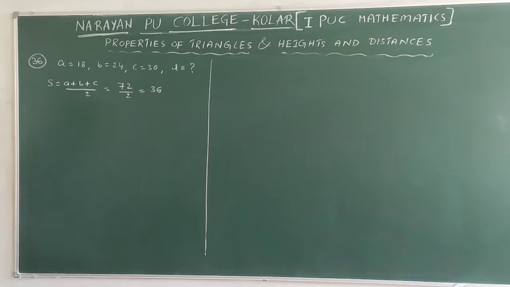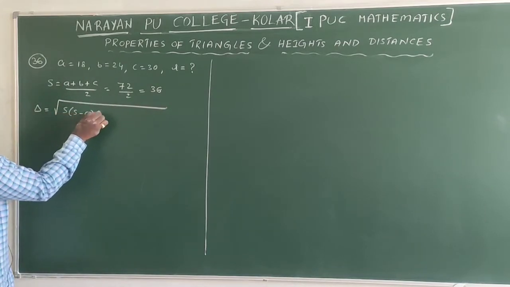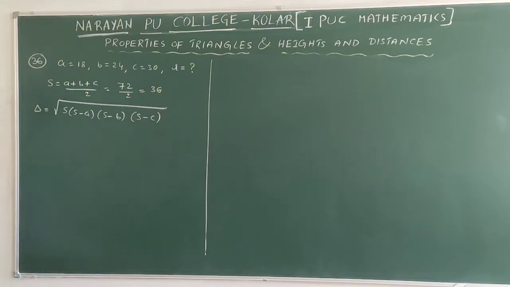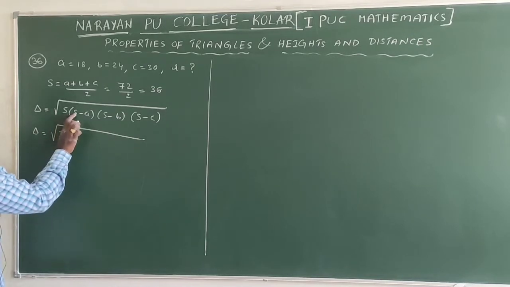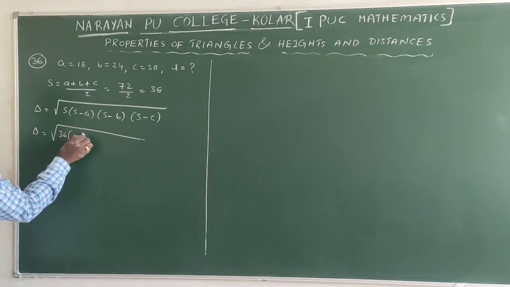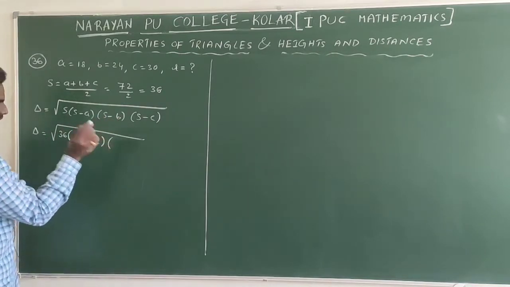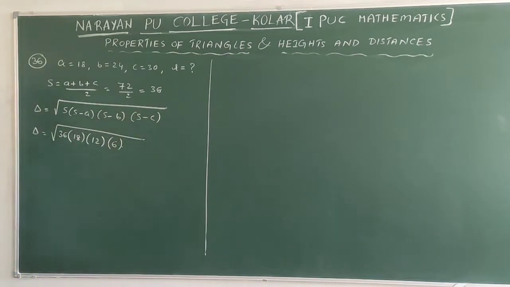That's why we are finding delta. According to delta, we have the formula under root of s into s minus a, s minus b, s minus c. Substitute delta equals under root of s is 36, 36 minus 18 is 18, 36 minus 24 is 12, 36 minus 30, that is nothing but 6.